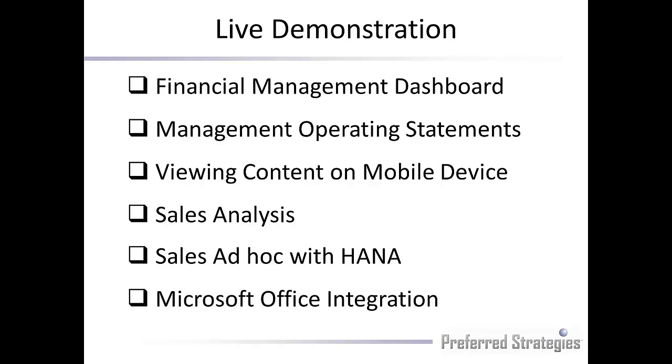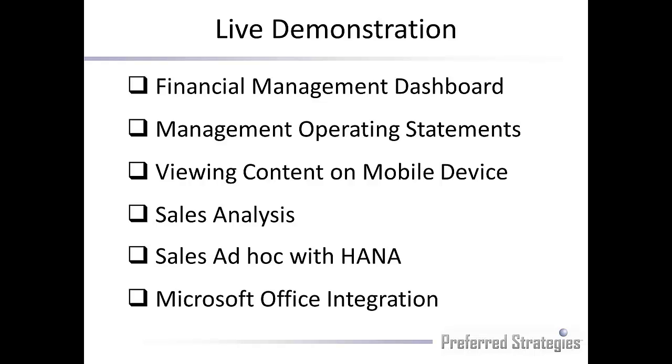Then we'll show how to do some of that from a mobile device like an iPad. Then we'll come back and build a sales ad hoc report. Before we do that, we'll look at how to slice and dice some sales data with the Explorer. When we do the sales ad hoc, we'll do that against HANA.